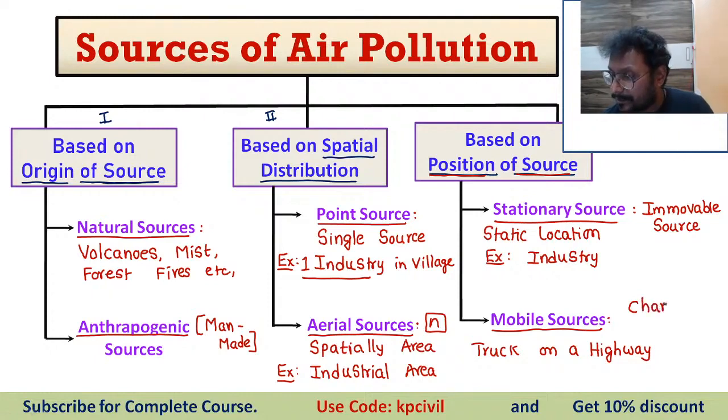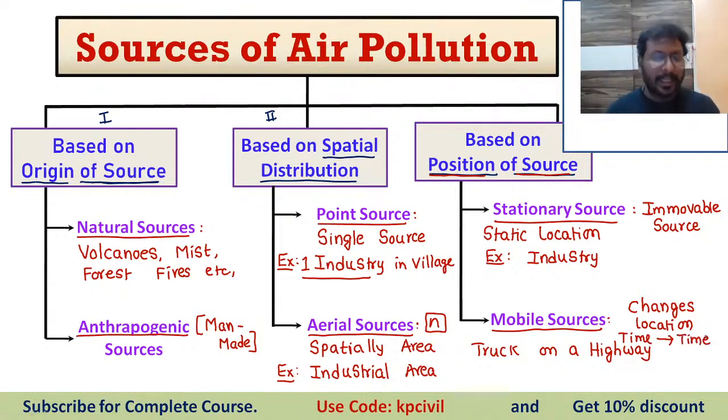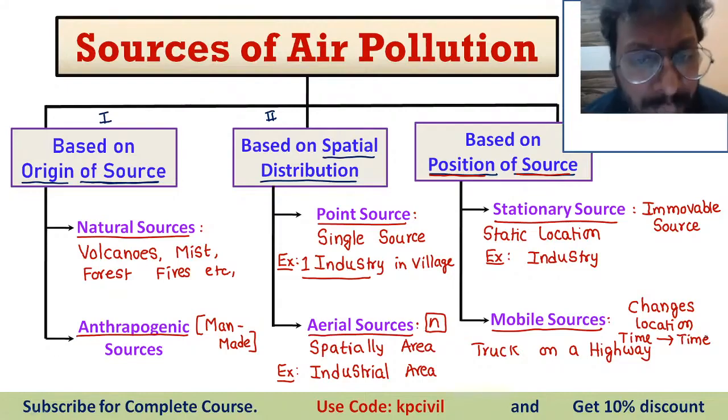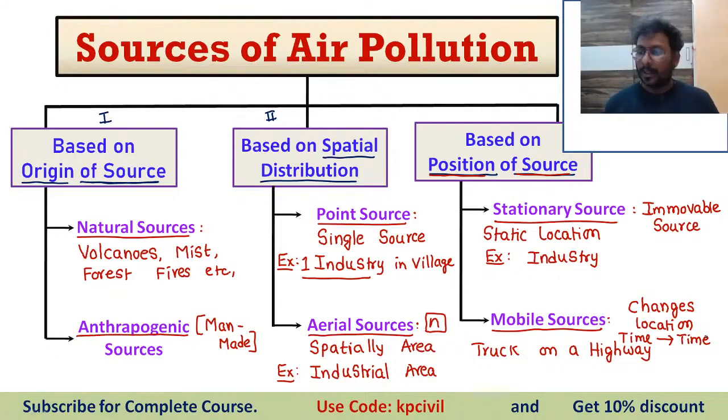Mobile sources change the location of causing air pollution from time to time. Got it? So these are the three basic categories of air pollution based on sources: based on origin, based on spatial distribution, and based on position of source.